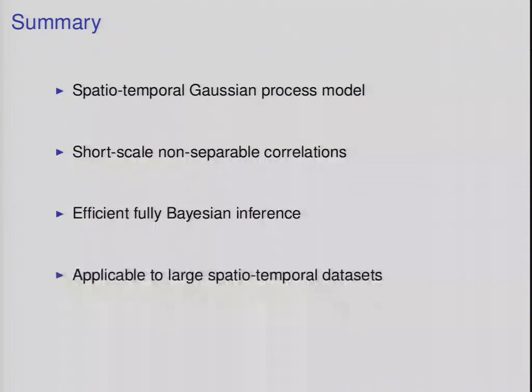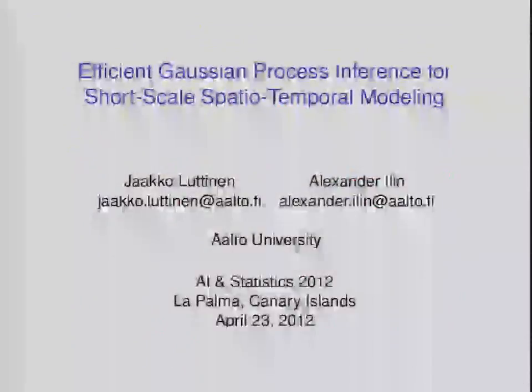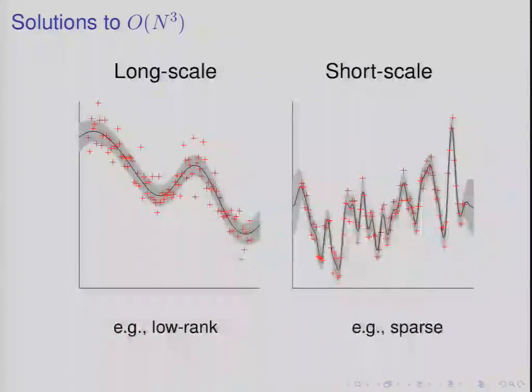I didn't quite understand the motivation at the beginning for considering short-scale kernels for the GP. Could you go over that again? Why we model short scale? Well, for long scale phenomena you can use an inducing inputs approach, for example, or Gaussian process factor analysis.